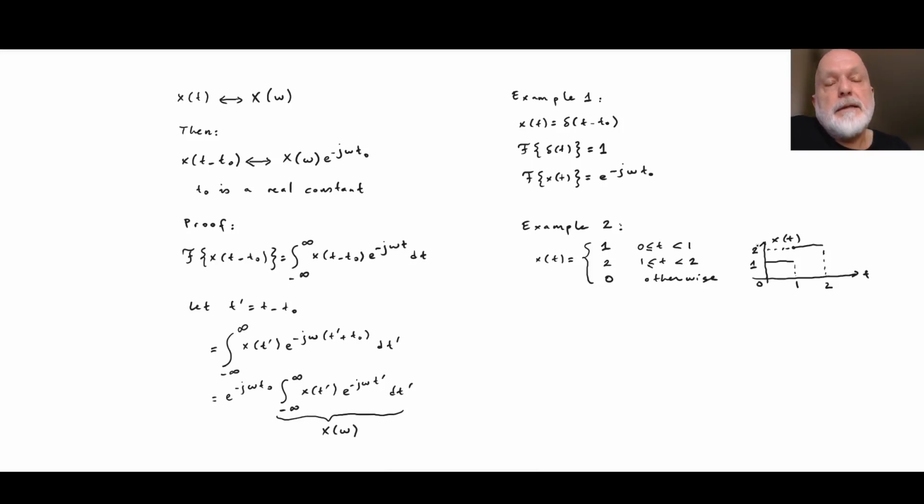Now, at this point, we have to remember the signal rect t, which is the rectangular pulse. Now remember that the Fourier transform of rect t is sinc of omega over 2 pi.